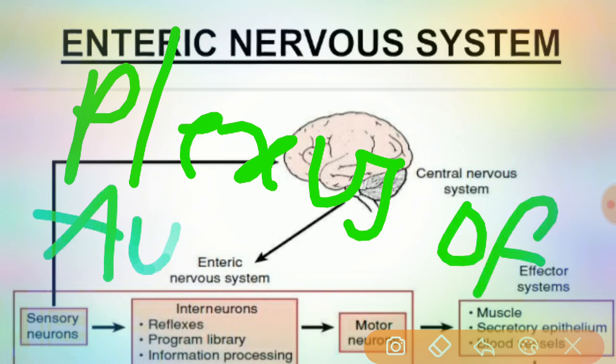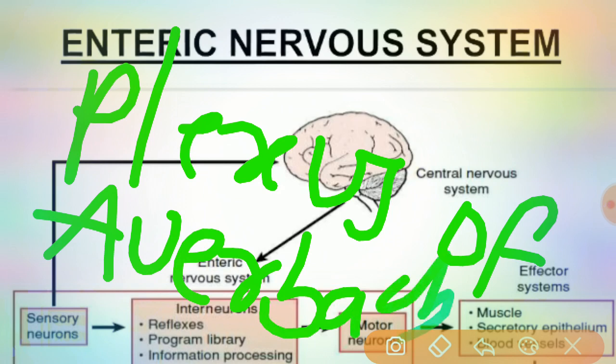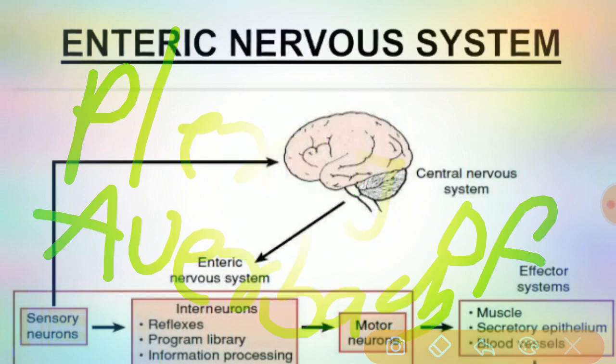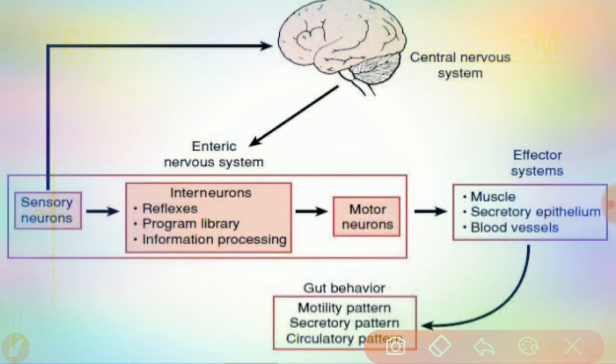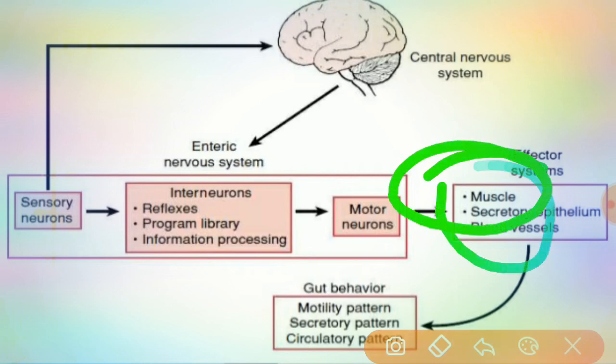Mainly this type of neurons functions in the muscles. The motor neurons, the effector system, will be showing processing on the muscle.